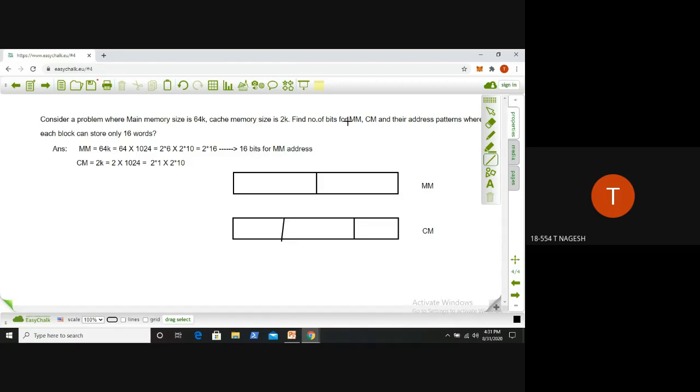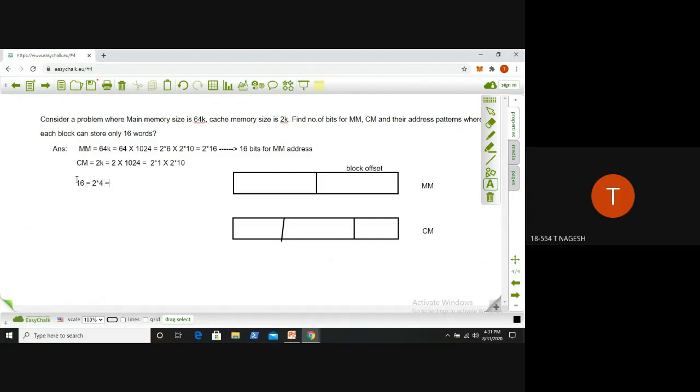The first part will represent the block offset. Block offset is simply based on the number of words. The number of words is given as 16 words. To represent 16 words, 16 can be represented as 2 power 4.